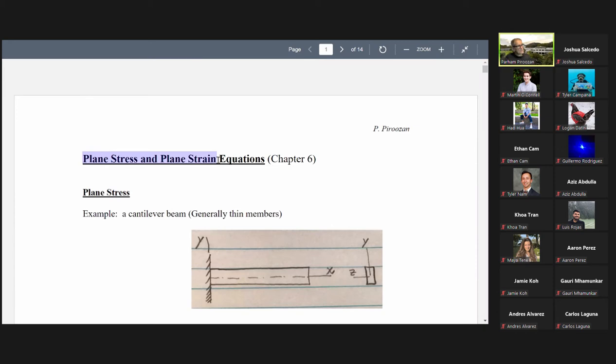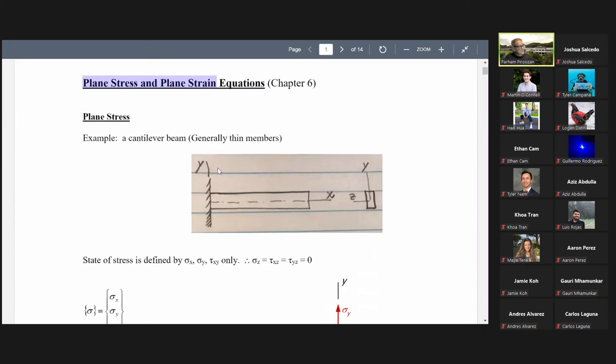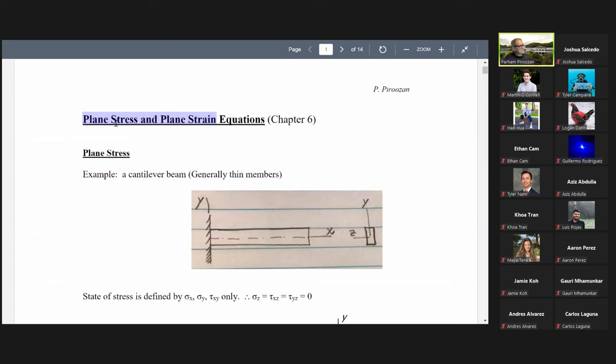What are these two, plane stress and plane strain? Well, these are two-dimensional, as you see, plane. Everything is in one plane. Let's say it's in XY plane. Plane stress, you had these definitions, of course, in your strength of materials, I think. So I will go a little bit like a review. I'm going fast. Plane stress, it is just an example of this, like this cantilever beam in XY plane.